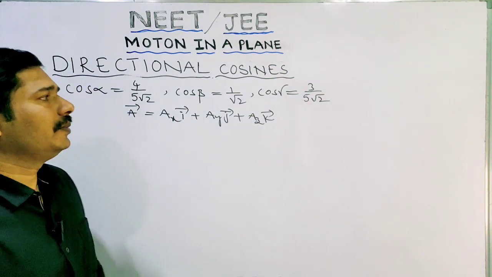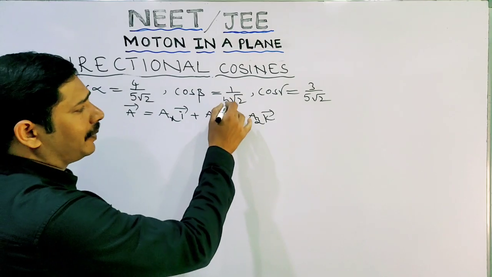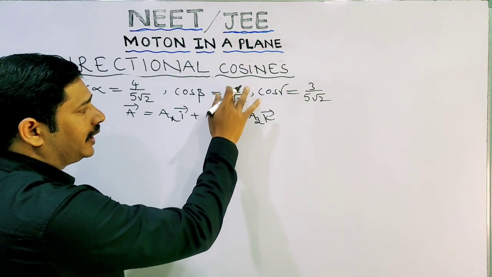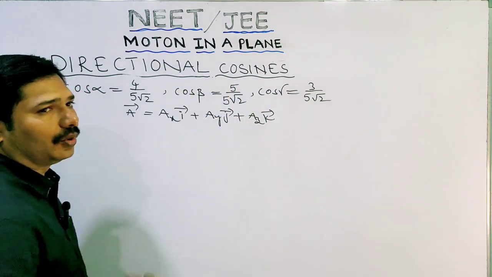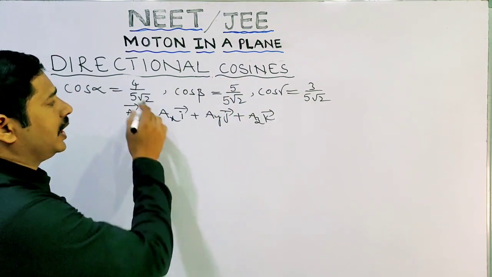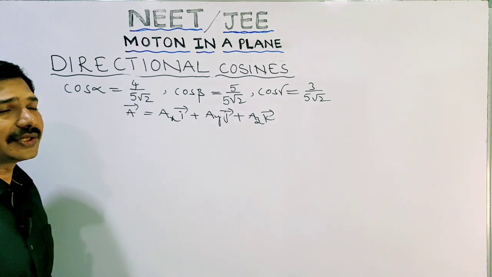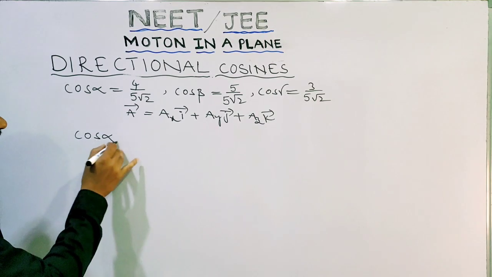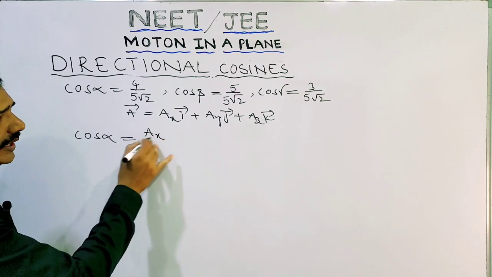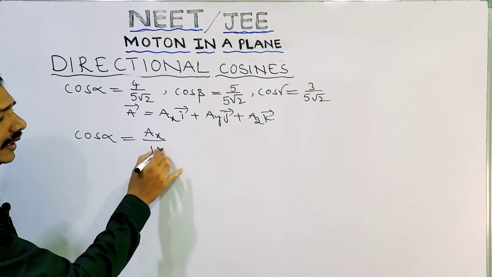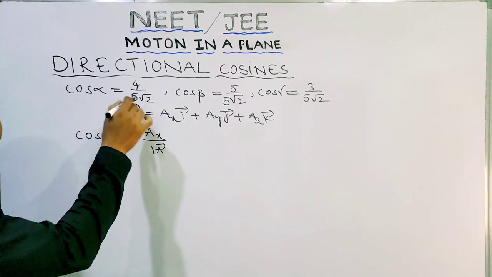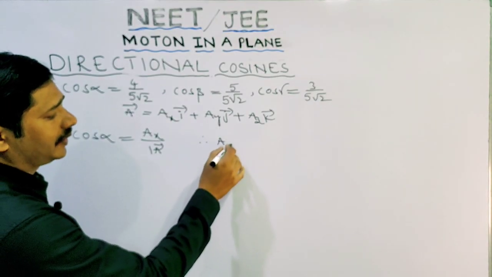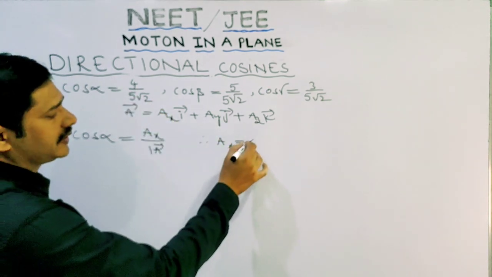So what I am doing here, with 5 I am multiplying and dividing. Equation does not change. Now the magnitudes are the same. Now the directional cosine formula we know: cos alpha equal to ax by mod of a bar. So here, instead of ax, from here 4 is there.